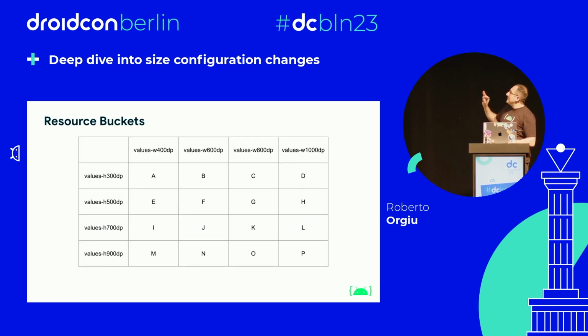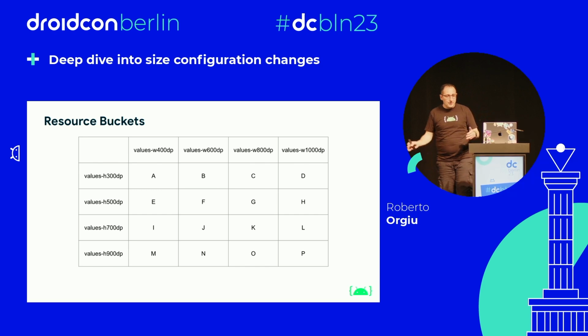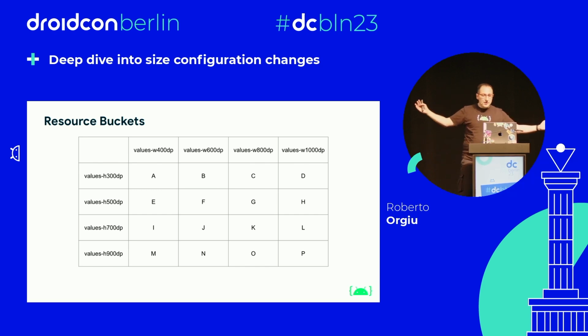So let's see a much clearer view of that. As a simple way of seeing this, we only have width and height. These are all the possible combinations that our app can be in. So we have a huge display, and we run the app on this portion of the screen.